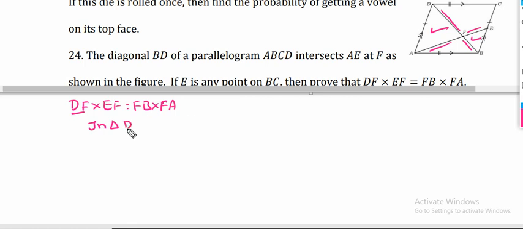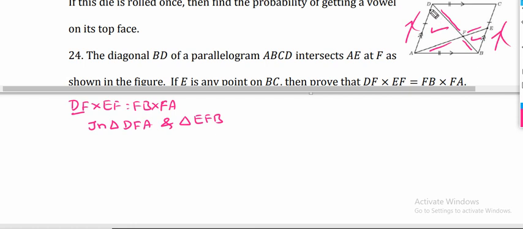In triangle DFA, that means this triangle, I consider this triangle DFA, and another triangle EFB, this triangle I consider. So that is in triangle EFB. In both of these two triangles you observe these two lines are parallel lines.